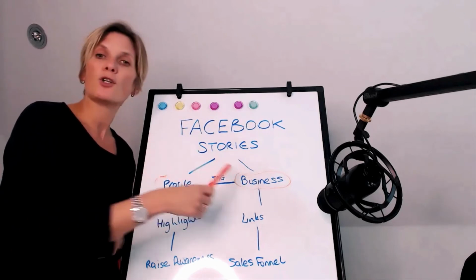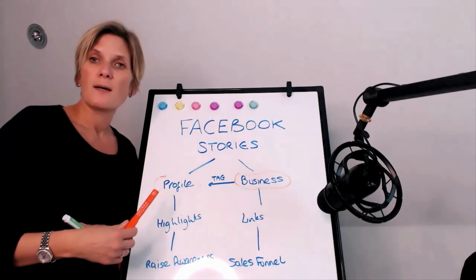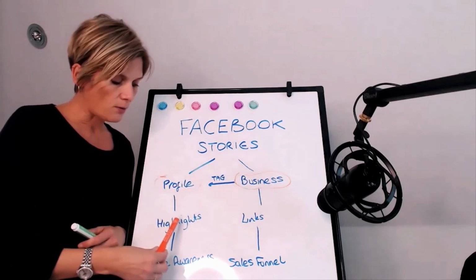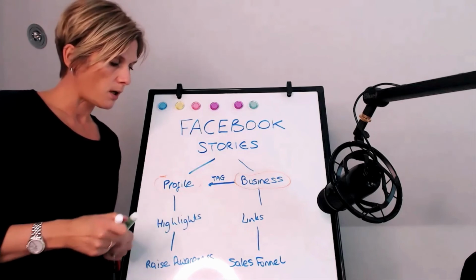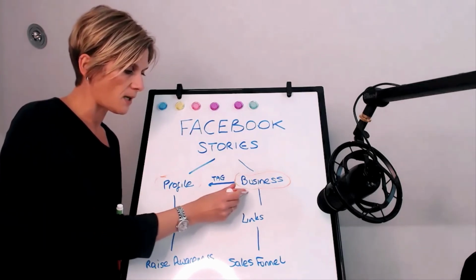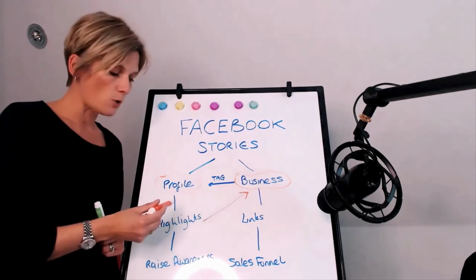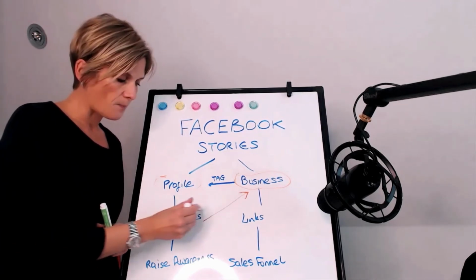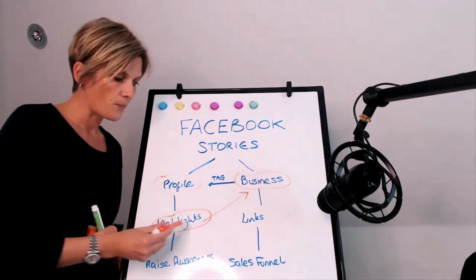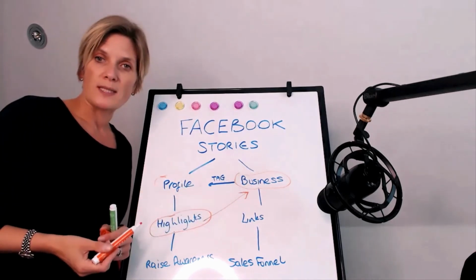So you see how you can utilize both of the stories from just being the one person. You can also bring your highlights in, which can actually increase visibility over on your business, because when you put your business orientated posts into highlights that you do on your profile, they drive people to your business.